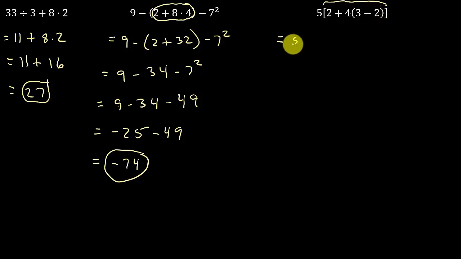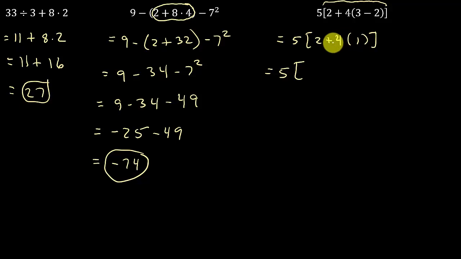All right, so that's going to be 5 times 2 plus 4 times, and I'm working inside here, so that's 3 minus 2 is 1. Okay, and then that equals 5, and I'm still inside these brackets here. So let's look at this, 2 plus 4 times 1. Well, this is multiplication here.